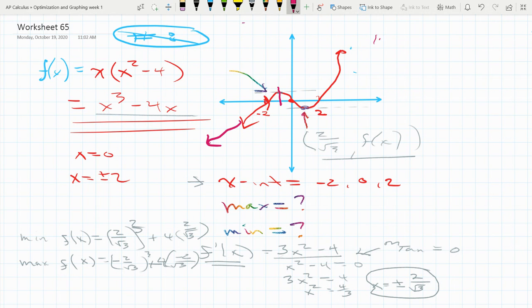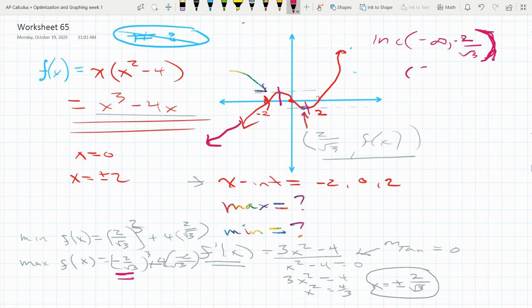So I am increasing from negative infinity until I reach my maximum point, which is going to be at negative 2 over root 3. And I'm going to increase from root, this should be yeah, it's not going to be because that's 0. Sorry, that's correct.